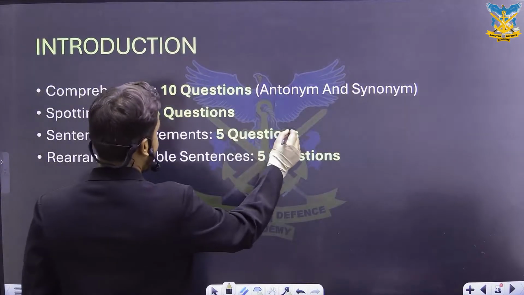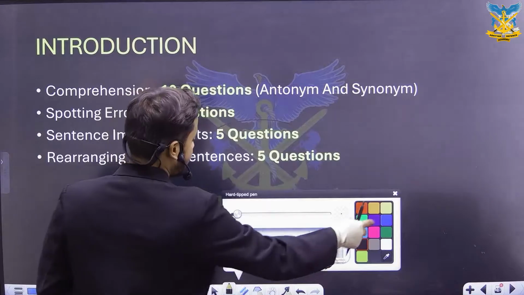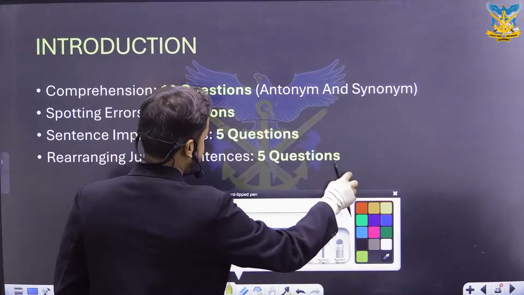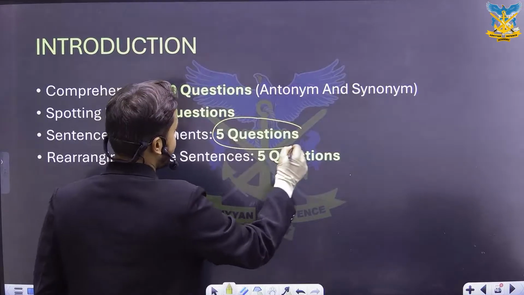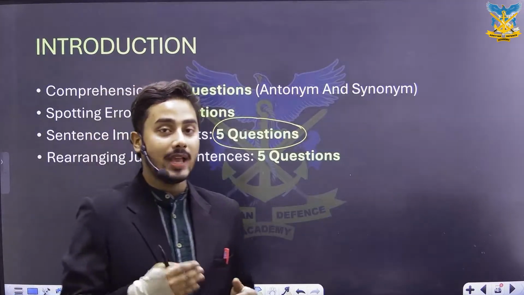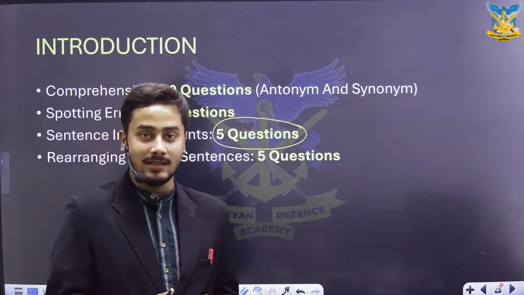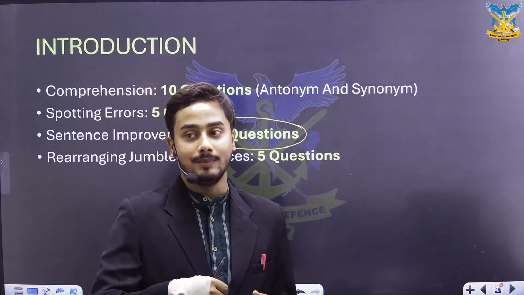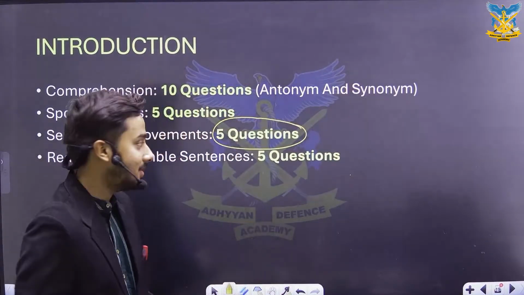We had again 5 questions from sentence improvement. Sentence improvement is where we have to understand and identify where exactly a sentence is wrong, and come up with the necessary rectification so that the same sentence sounds a bit better, a bit appealing to the readers.